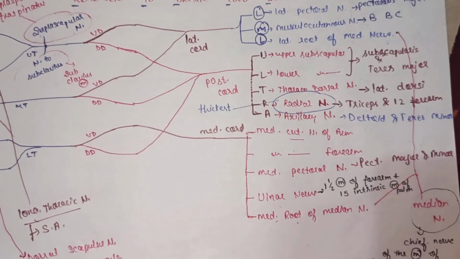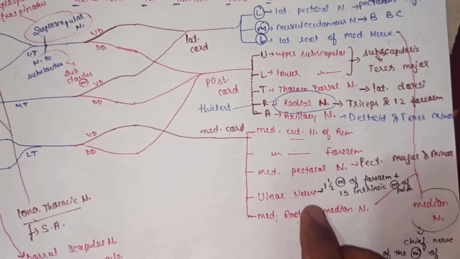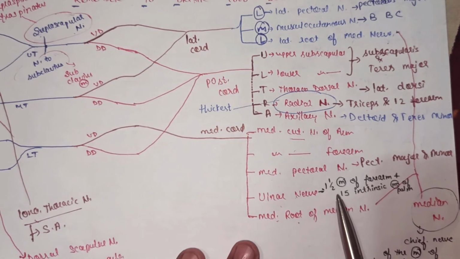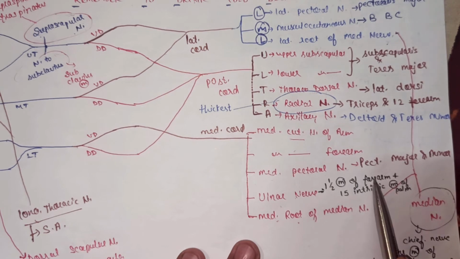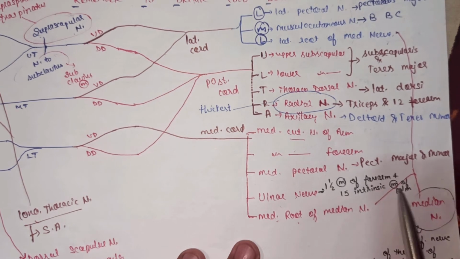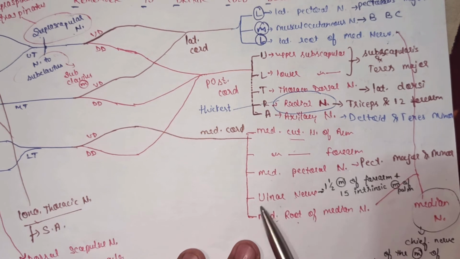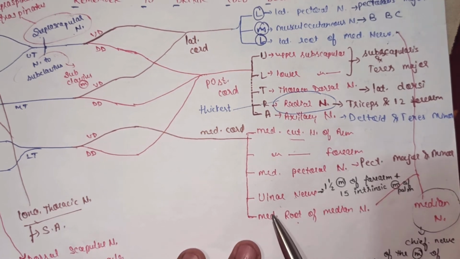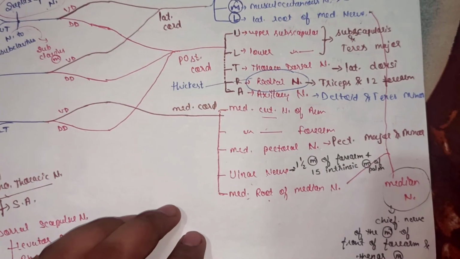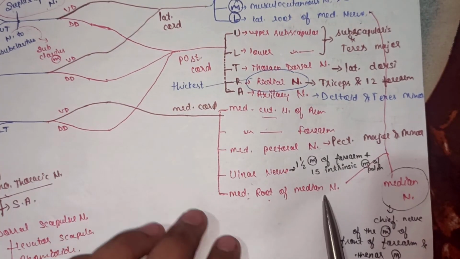So let's talk about the ulnar nerve. The ulnar nerve supplies 1.5 muscles of the front of the forearm and the 15 intrinsic muscles of the palm. In detail we will discuss the ulnar nerve in another video. The last one is the medial root of median nerve.